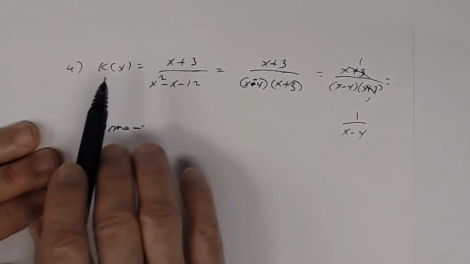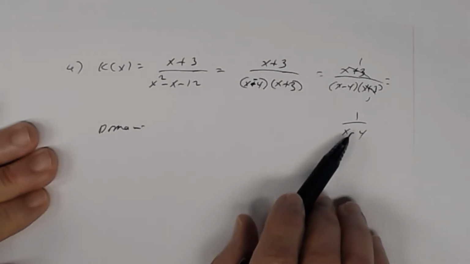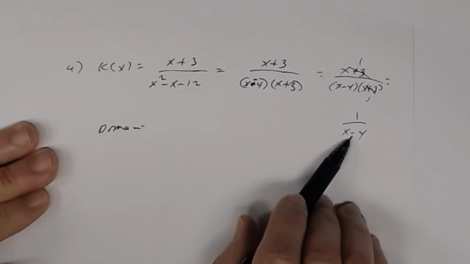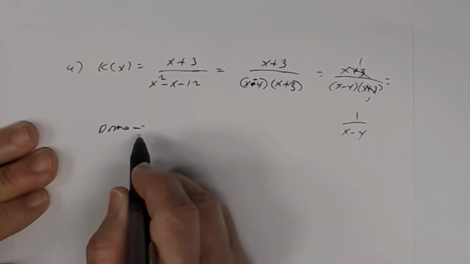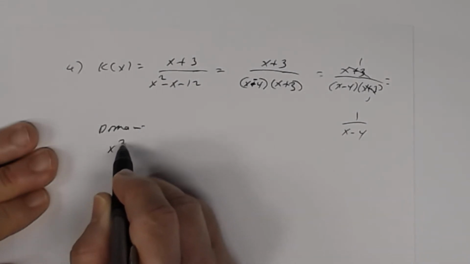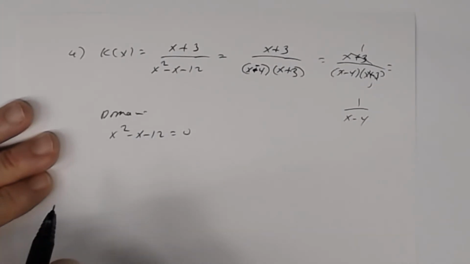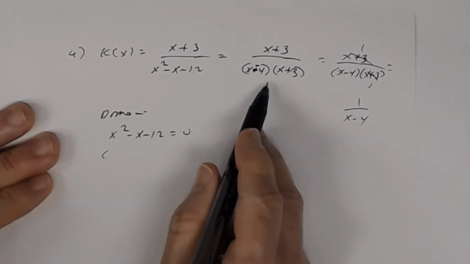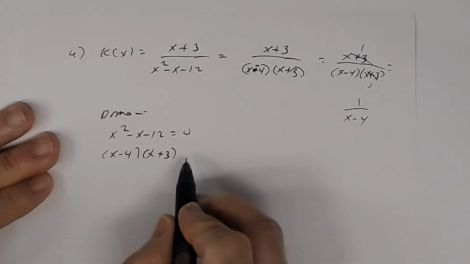So you must go to the original. Don't go here. When finding the domain, always go to the original function. And you set the denominator equal to 0. You're finding the zeros of this polynomial. You factor just like we did here, x minus 4, x plus 3, okay?